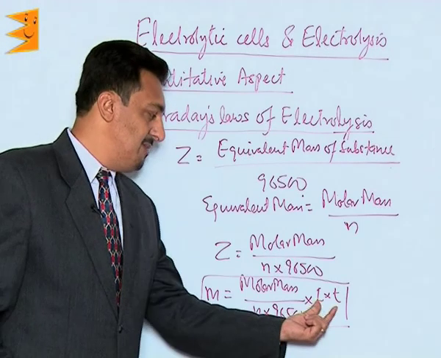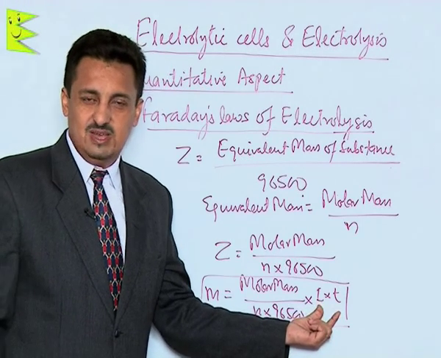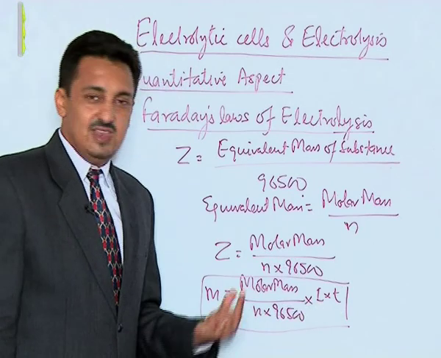So we are simply multiplying it by how many coulombs of charge are passed through it. So that is how it becomes very clear.